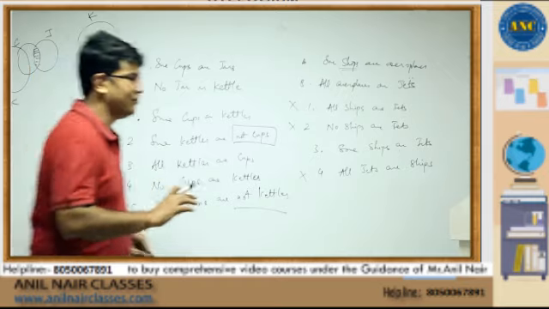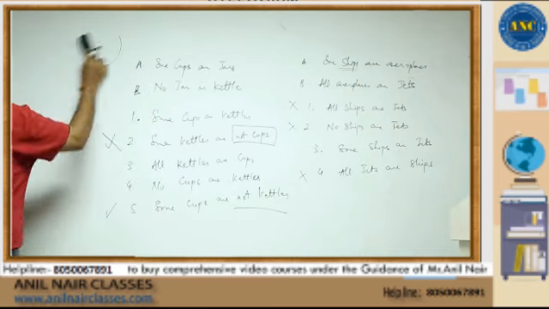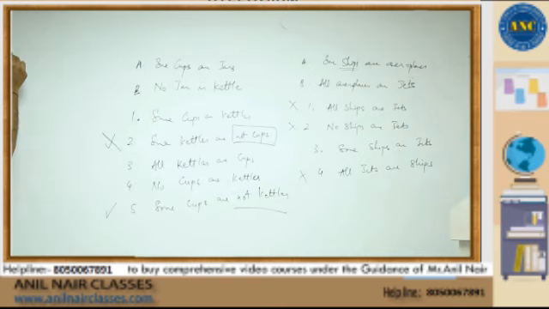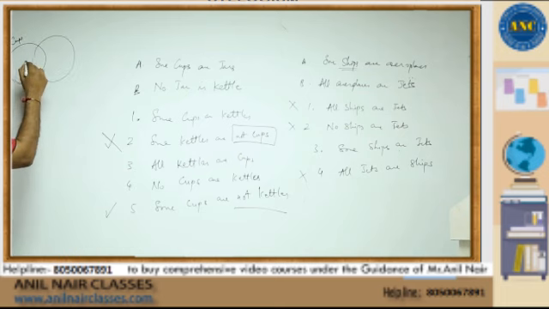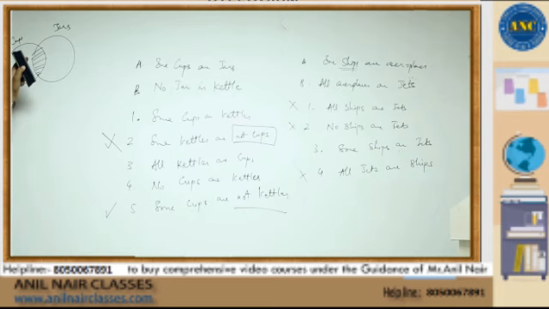I'll try to do this. Some cups are jars. Okay? Now, no jar is a kettle. Now you don't know, but you know that jar and kettle are away from each other.